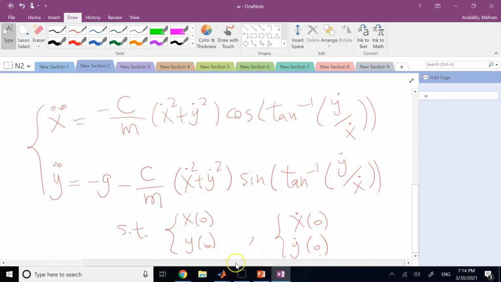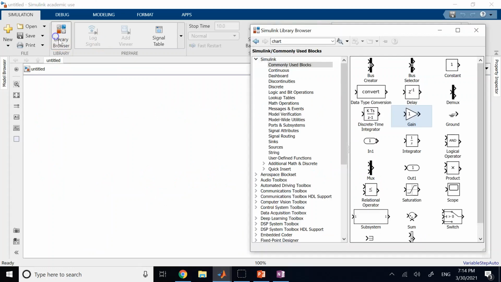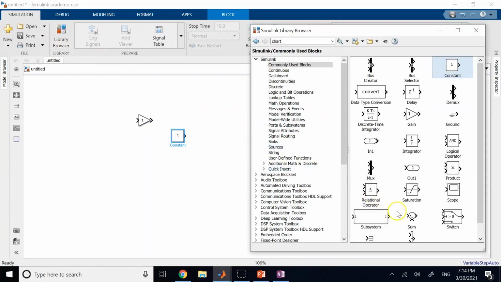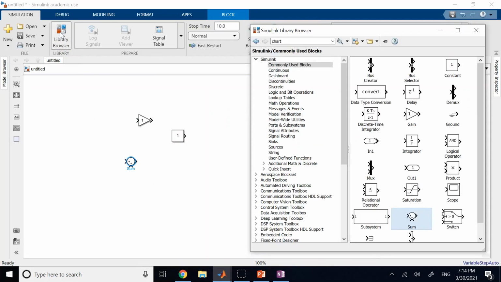Now, how do I do it? I'll show you. So I go back to the library. Now what I need here, I need the gain block, I need the constant block, I need to add some stuff together, so I need the summer block. Then I need to integrate, so I need the integrator block.